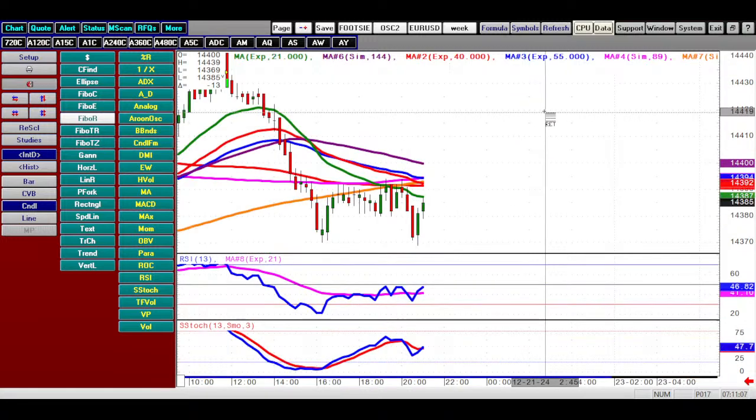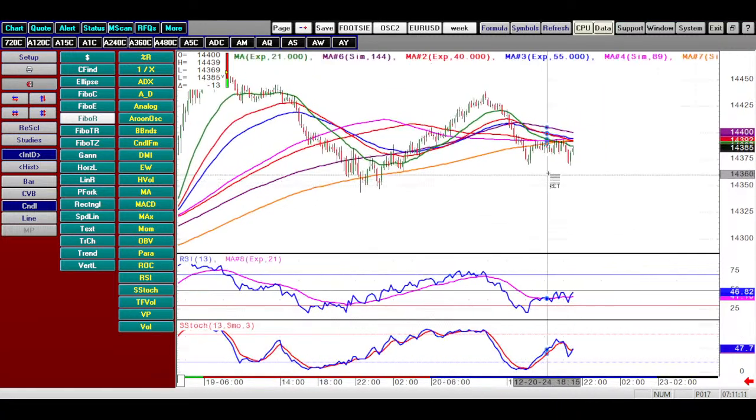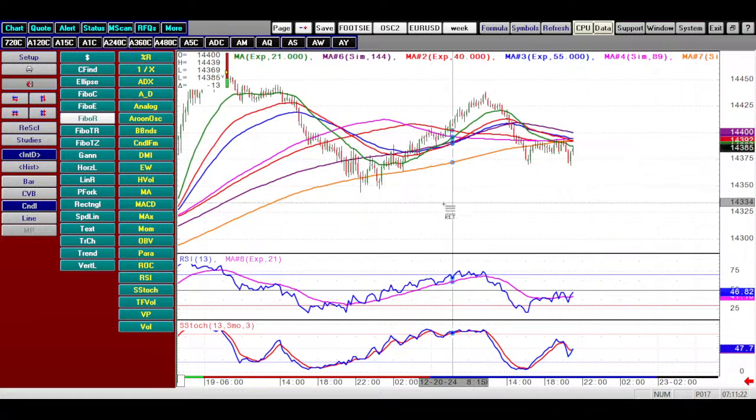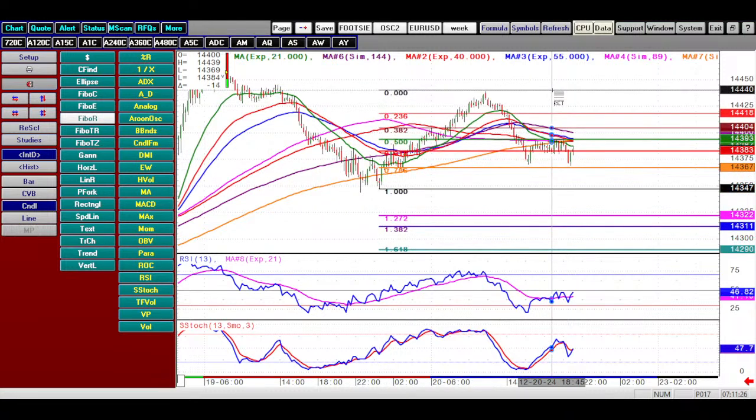So let's say the data comes out good, then we expect this dollar cat to move lower from here. That means if the data is good, the market will start to move lower, break this low and test this low, and if it breaks, then we may see the price heading towards 143.20.